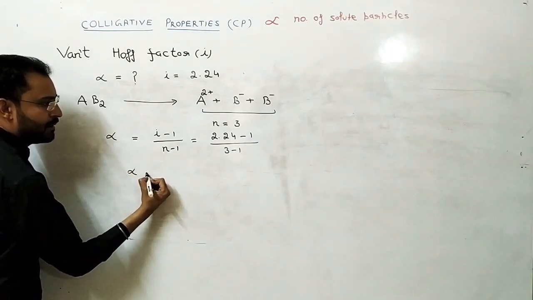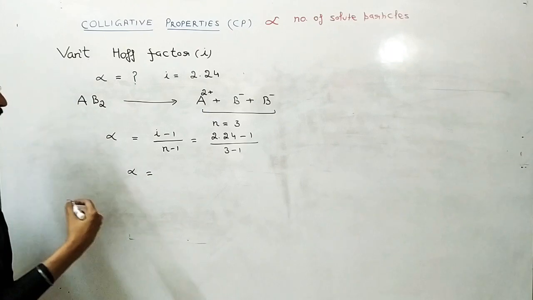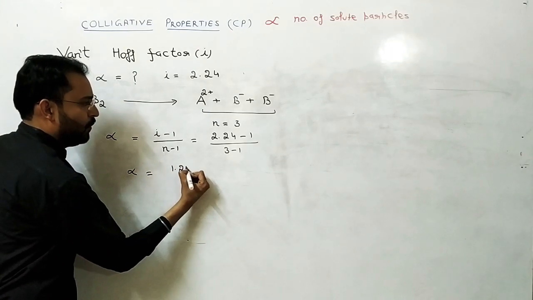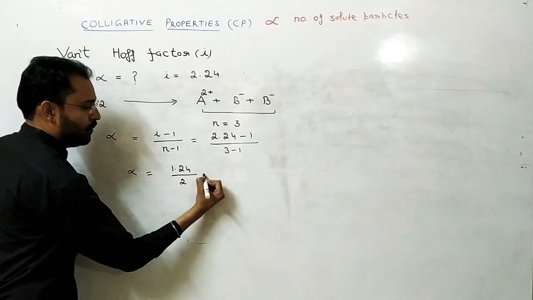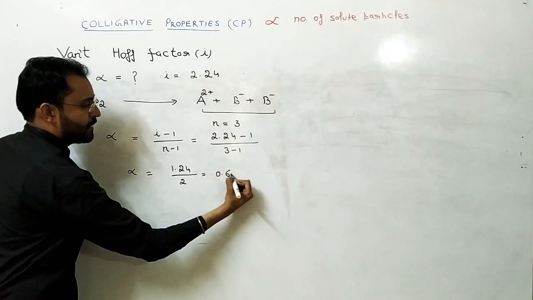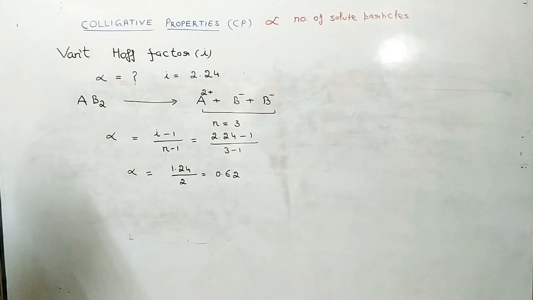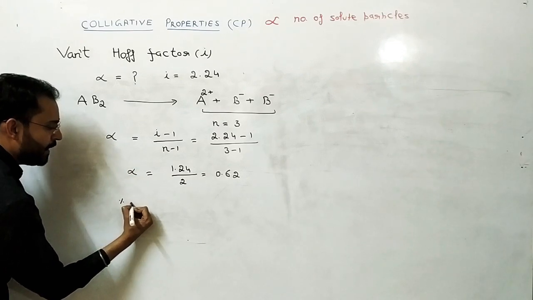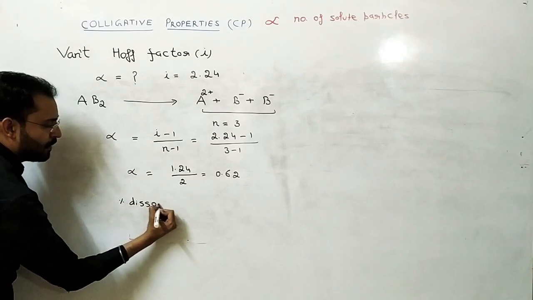Alpha is 1.24 upon 2, which is 0.62. Degree of dissociation is 0.62.